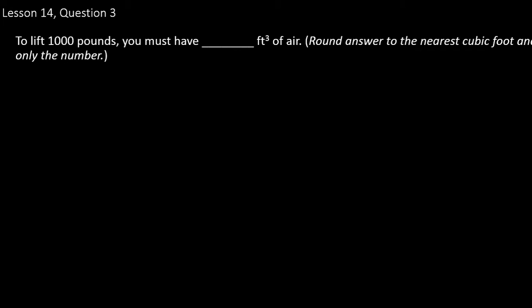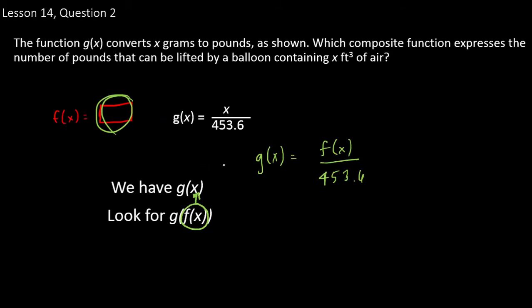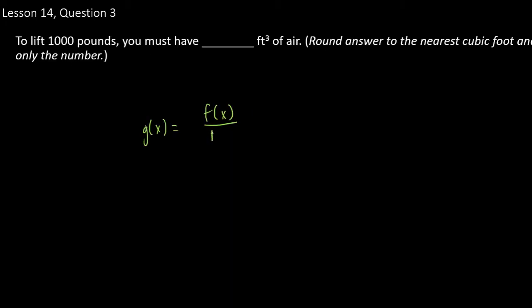Okay, to lift 1,000 pounds you must have blank cubic feet of air. So remember, we just figured out a composite function, right? It was g of x equals f of x divided by, what was it? 453.6.